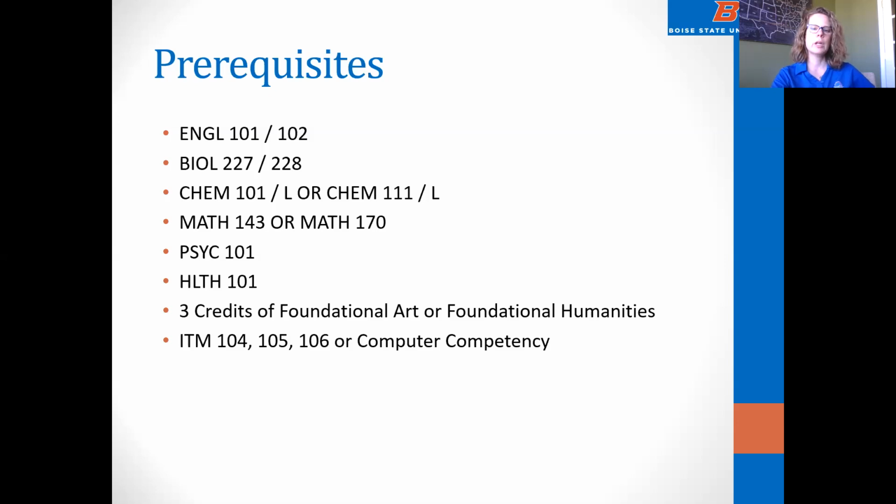Students also need to demonstrate their ability to work with their computers, using spreadsheets, using word processing software, and then also your database software. And you can do that by taking the ITM 104, 105, 106 series, or you can take the placement exams offered through the College of Business and Economics for computer competency.